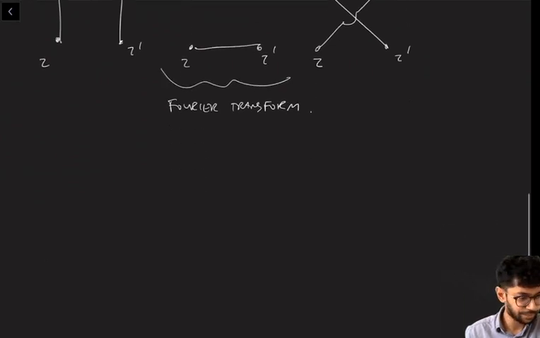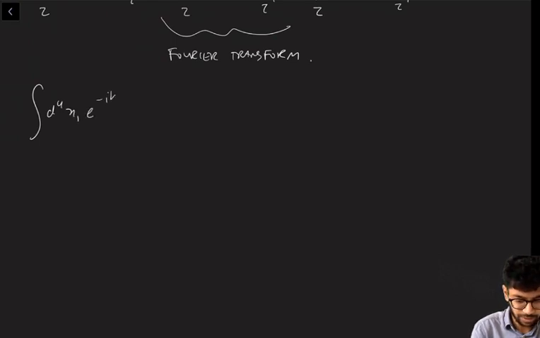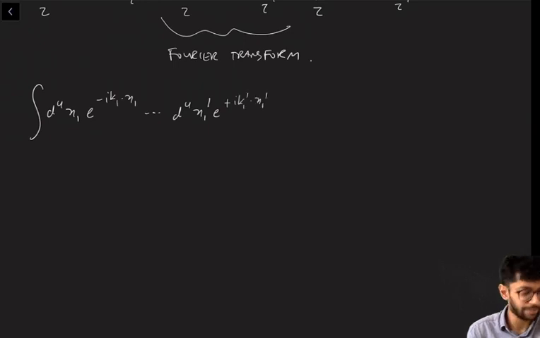What does this look like? Well, what I do is I take each of the points and I do an integral of the following form. d4x1 e to the minus ik1 dot x1 all the way up to the last one, d4x1 prime e to the plus ik1 prime x1 prime.